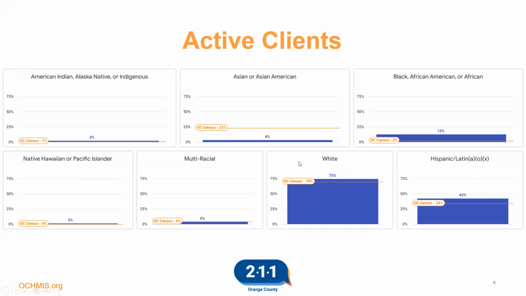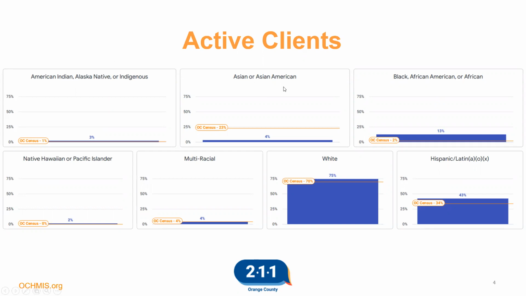And so when you're looking at this dashboard, ideally, if everything were equitable across race and ethnicity, the percentage of clients in HMIS would match the percentage of people in the OC population. And you'll see for some of these, this isn't the case.